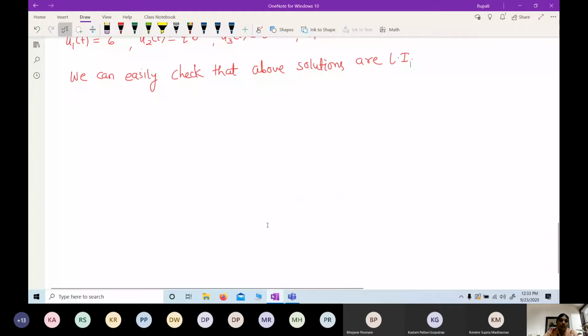Now what we have to do if roots are not real, means if roots are complex? If they appear in complex form, they will appear in pairs, a plus or minus ib, right? So if roots are not real, then how to find the solution?